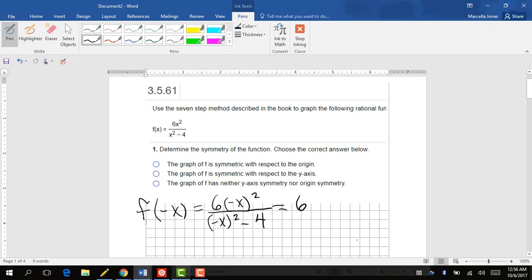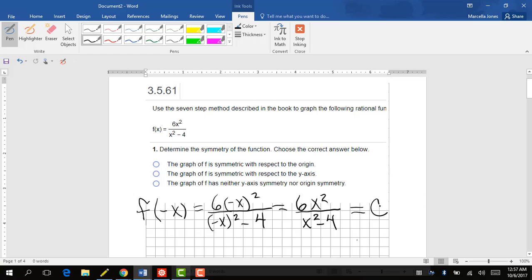Now, when we square negative x, that's the same as negative x times negative x, which is positive x squared. And we notice that this is f of x.